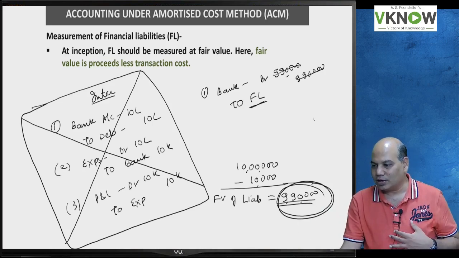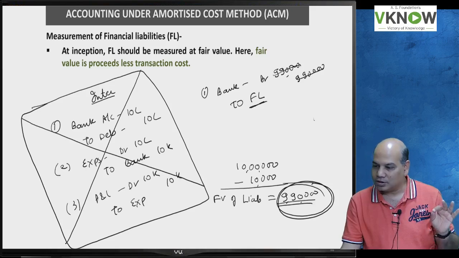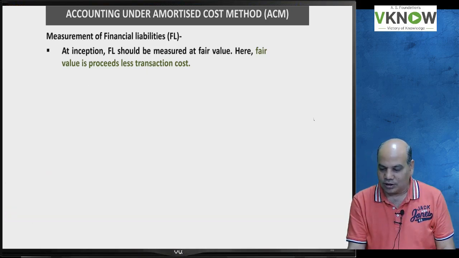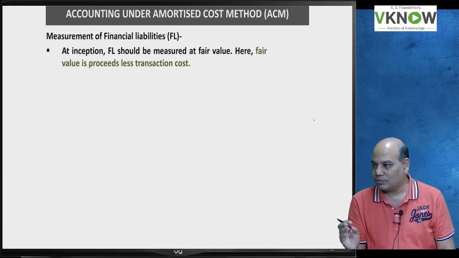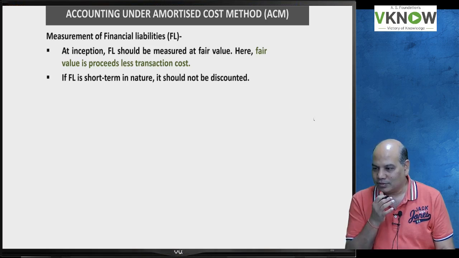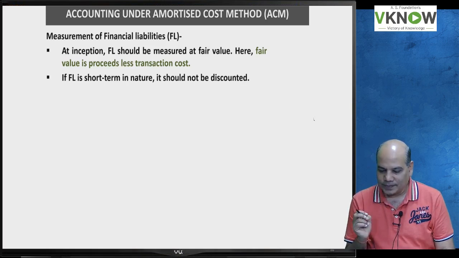How much did I finally receive in my pocket? 9,90,000. We have raised 9,90,000. Why are you writing 10 lakh? Don't you think that's very funny? You have raised 9,90,000 and you are showing 10 lakh.